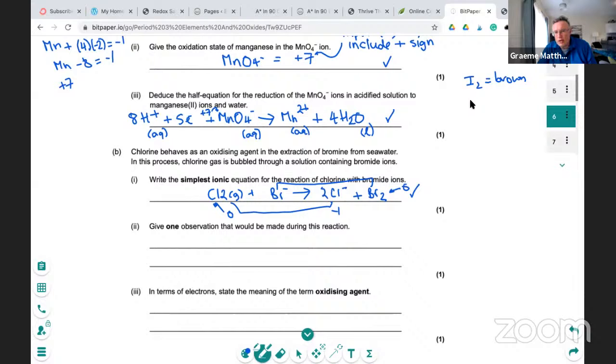Brilliant. So iodine is brown. Bromine: have you done the bromine water test? For alkenes, it decolorized bromine water, so bromine water is going to be orange.